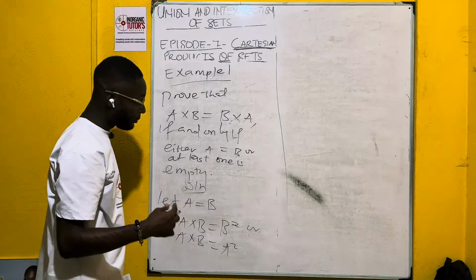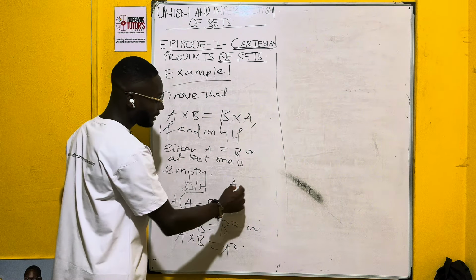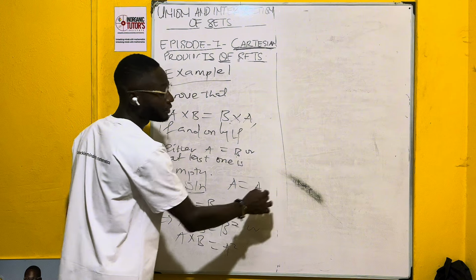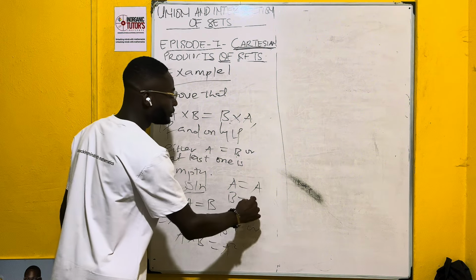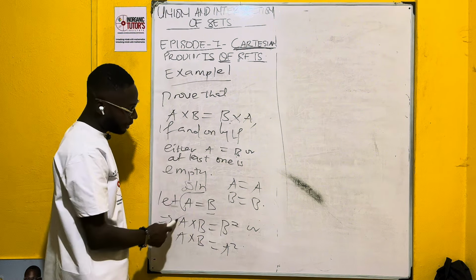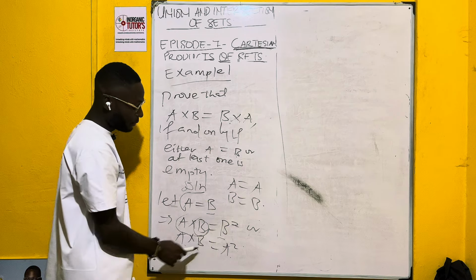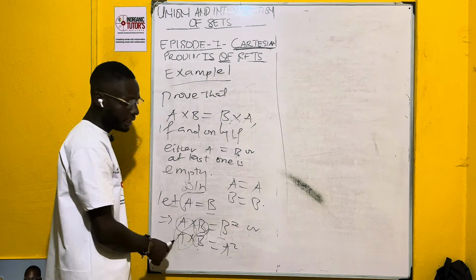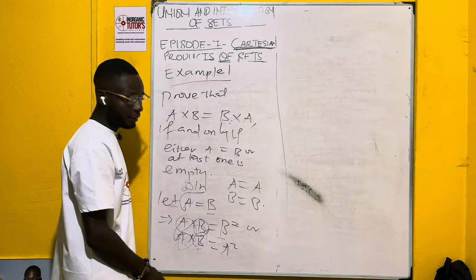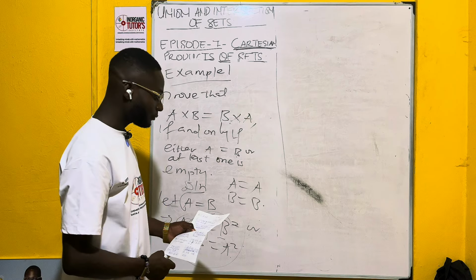I believe we are saying that A is equal to B. So if A is equal to B, then we can say that A is equal to A, or B is equal to B. That is why A cross B is equal to B squared, or A squared, because we can substitute B with A, and we can substitute A with B. And that results in these formulations.